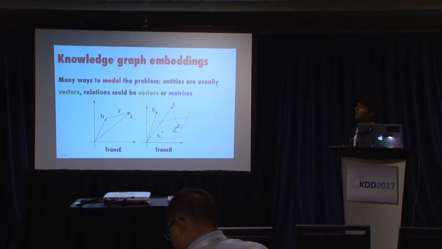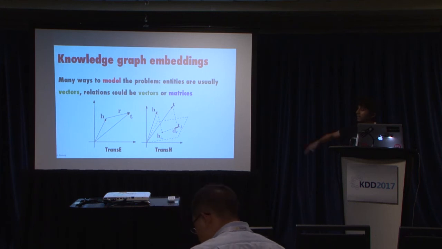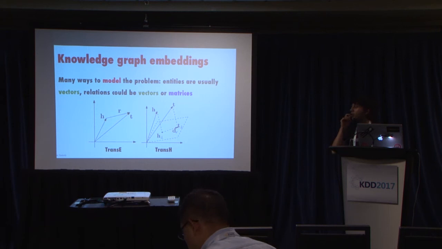The way it's done is that the entities are like the words, so each entity is assigned a vector. The relations, which are the labels, the properties on the edges, could be either vectors or matrices, depending on which method you're using. On the left-hand side, TransE is actually a classic method now, published a few years ago.